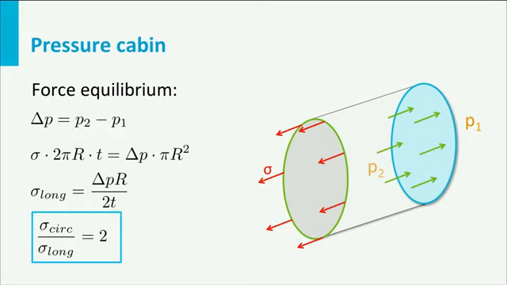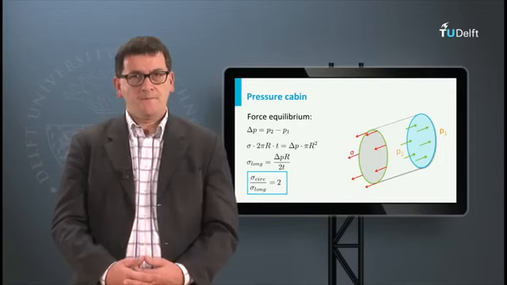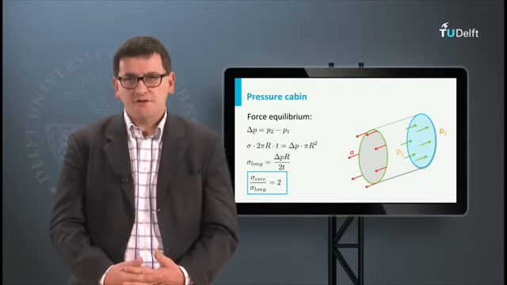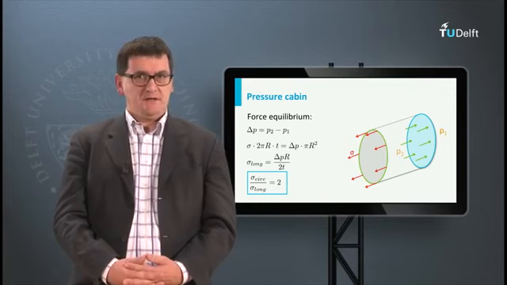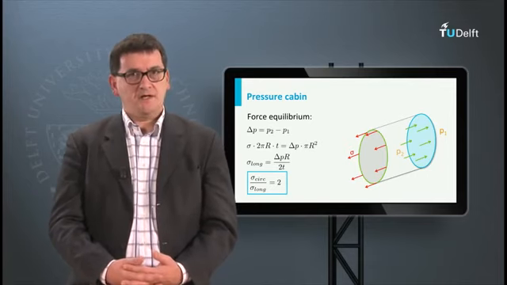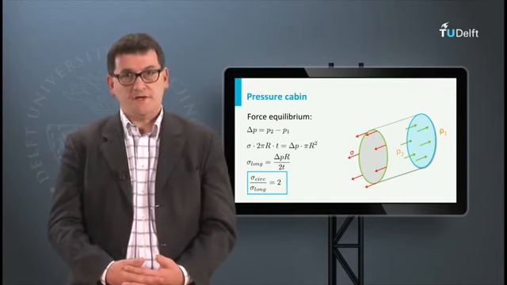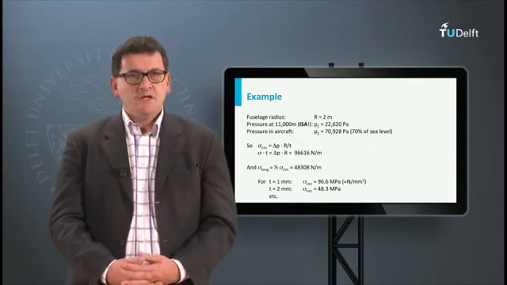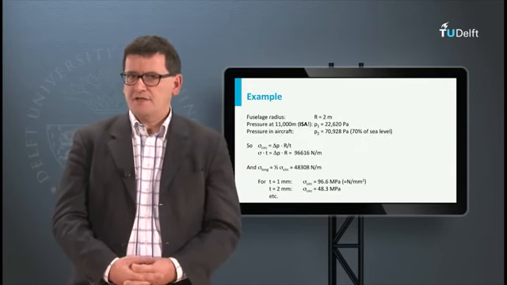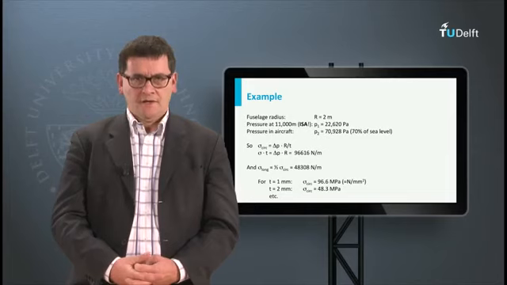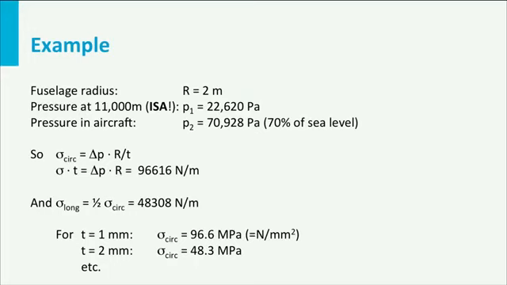In this case, a stress times the circumference of the fuselage times the thickness of the skin. Manipulation of the formulas results in a longitudinal stress in the skin, which is half the size of the circumferential or hoop stress.